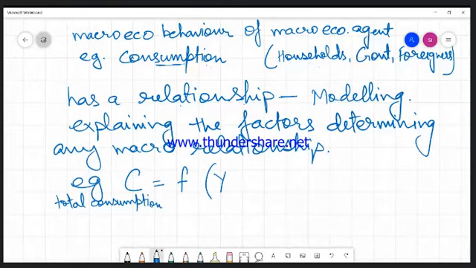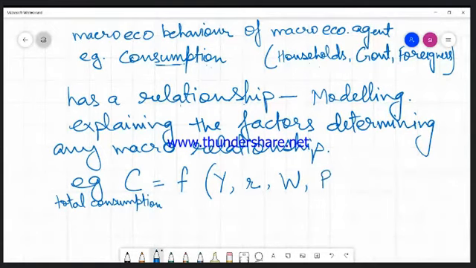So now this C, the total consumption, becomes a function of, say, income, or it can be dependent on interest rate, or wealth, or price.